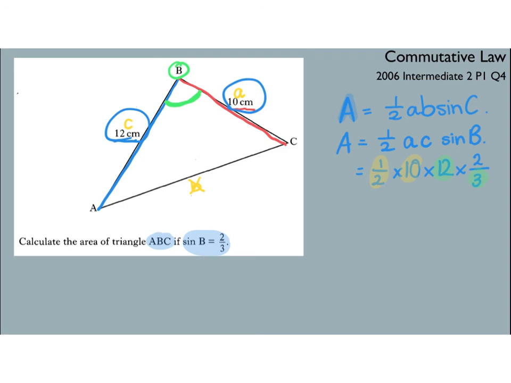Half of 10 is 5, and 12 shared by 3 is 4. And I've still got that times 2 bit from there. 5 times 4 is 20, times it by 2 is 40. What are we doing? Area, everything was in centimetres, so remember it's square centimetres there.